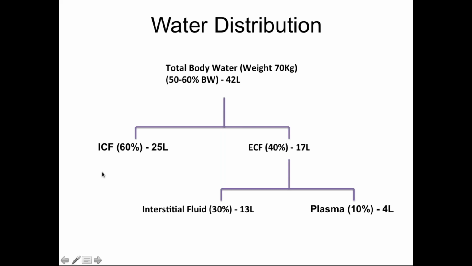Of that, 60% is in the intracellular fluid compartment, which is about 25 liters. 40% is in the extracellular fluid compartment, and that is 17 liters. Of these 17 liters, 13 liters is interstitial, and 4 liters is in the plasma.